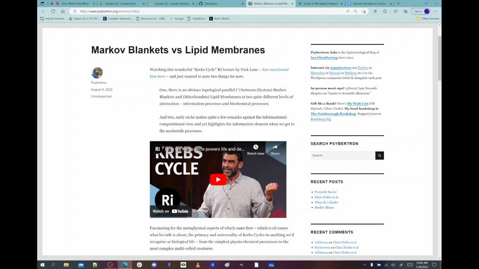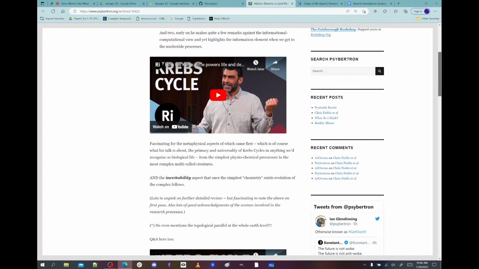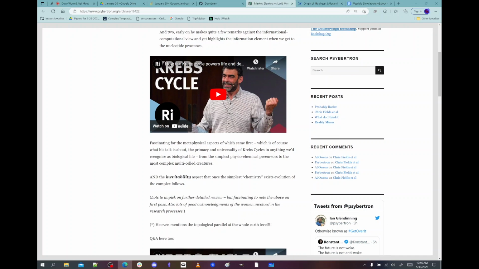But this is something that we use as a way to get a quantitative handle on things. So he makes quite a few remarks against this point of view. It highlights the information element when we get to the nucleotide process. Fascinating for the metaphysical aspects of which came first, which is, of course, what his talk is about.